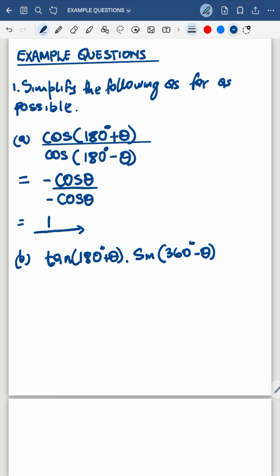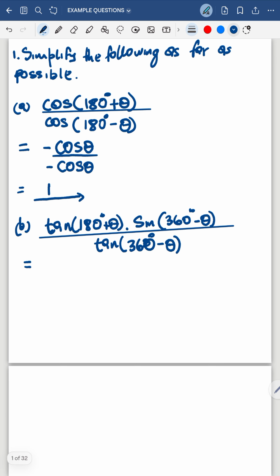Then all divide by, let's write our division line, then all divide by tangent, open brackets, 360 degrees minus theta. So what will be the answer here?